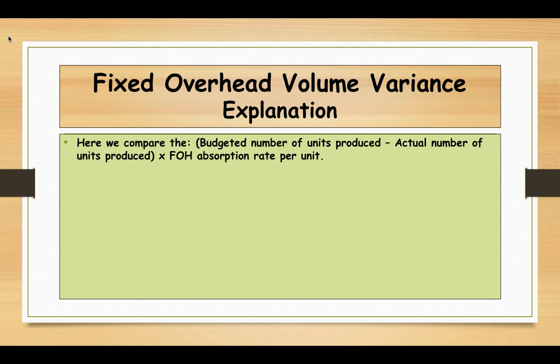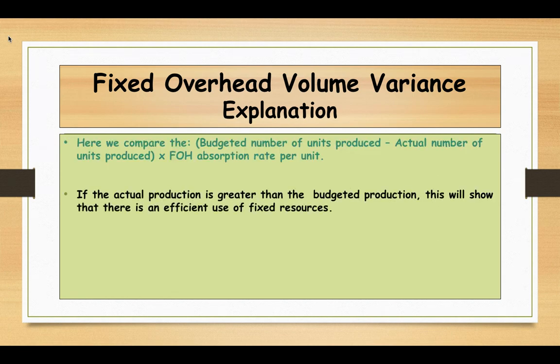We can see by calculating the volume variance whether there is an efficient use of fixed resources or production facilities. For example, whether we have fully utilized the factory space or the depreciation of assets, insurance, or utility bills.